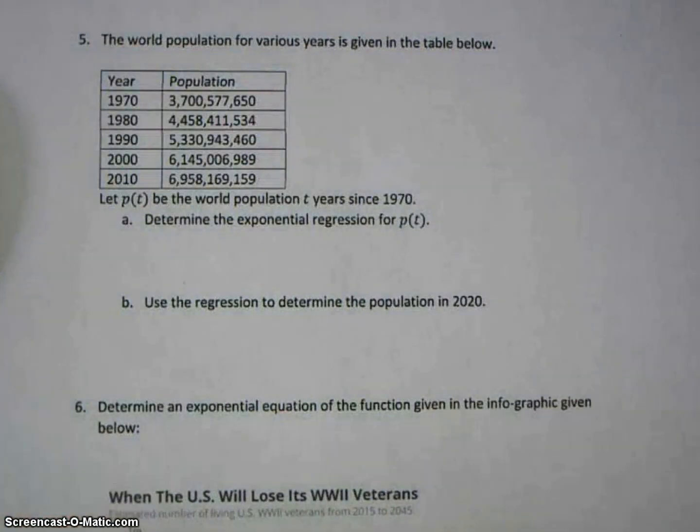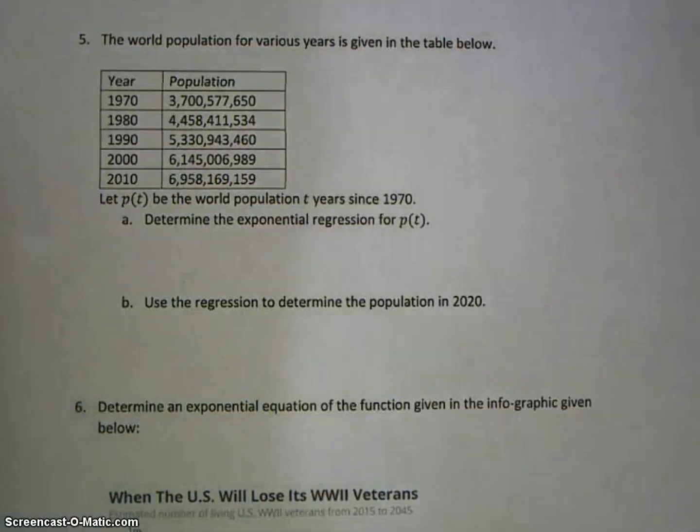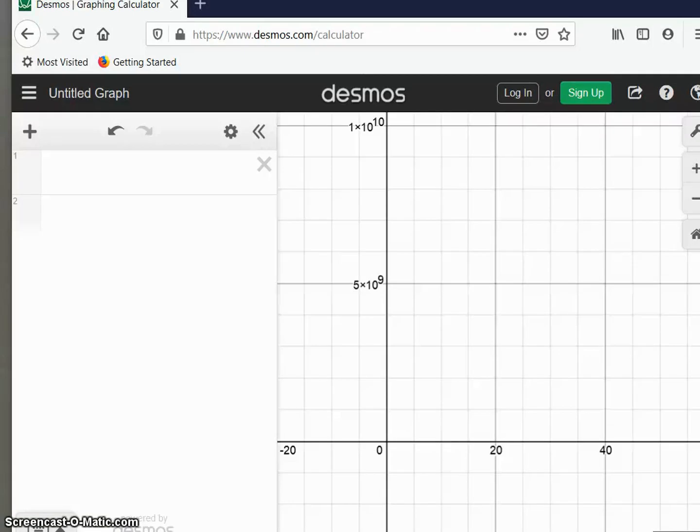All right, next problem. The world population for various years is given in the table below. Let P of t be the world population, t years after 1970. Determine an exponential regression. All right, so to determine the exponential regression, we need to use Desmos. So here's Desmos.